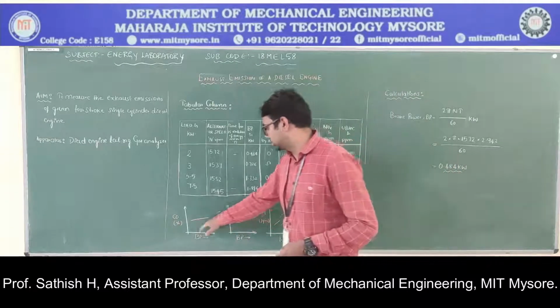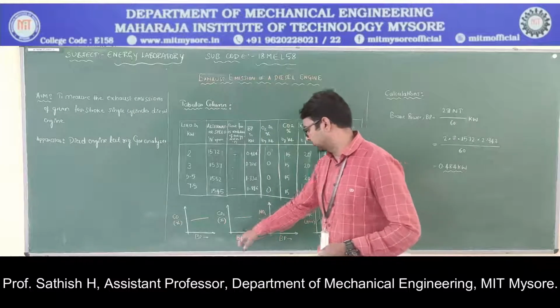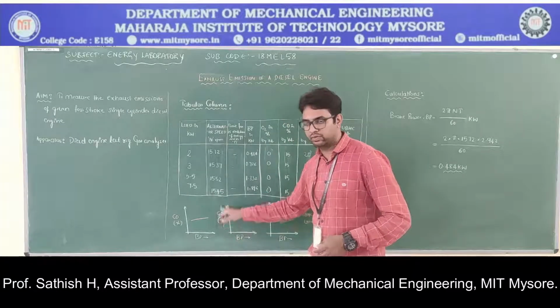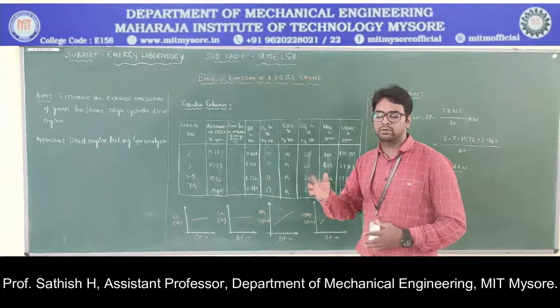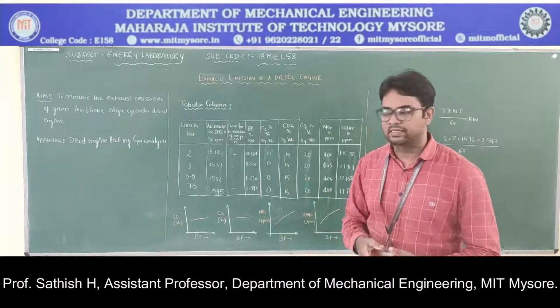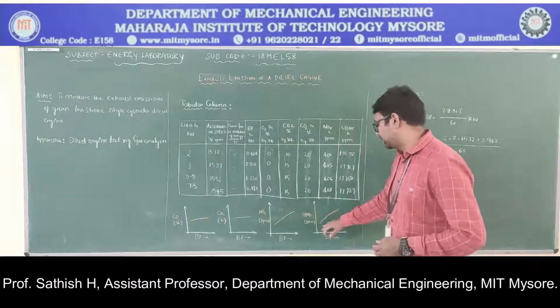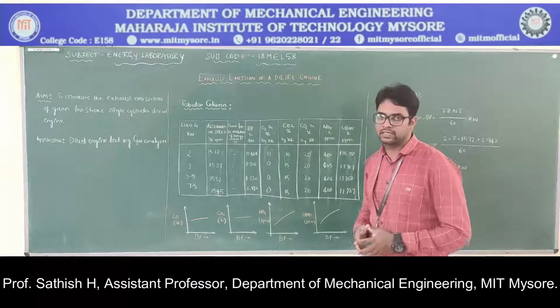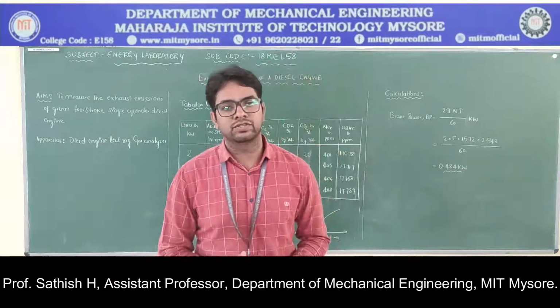Here there is a slight increase with the increase in brake power. Here brake power versus CO2 remains almost the same, whereas NOx increases proportionally. When the brake power increases, the level of nitrogen oxides also increases, and unburned hydrocarbons also keep on increasing as you increase the brake power.